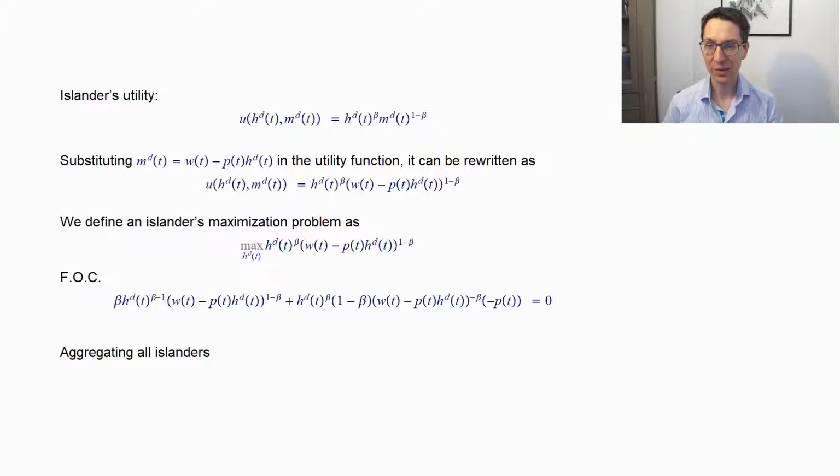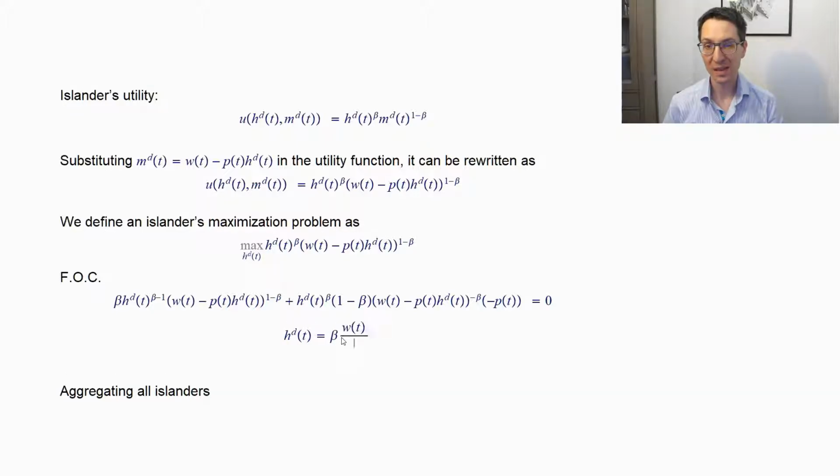Again, I'm going to spare you the detail of the computation, but just trust me in knowing that this simplifies to H^D_t equals beta, the preference for food, which multiplies W_t divided by P_t.